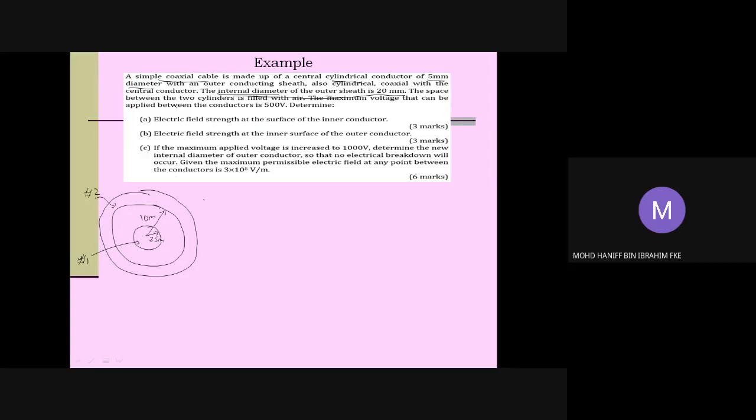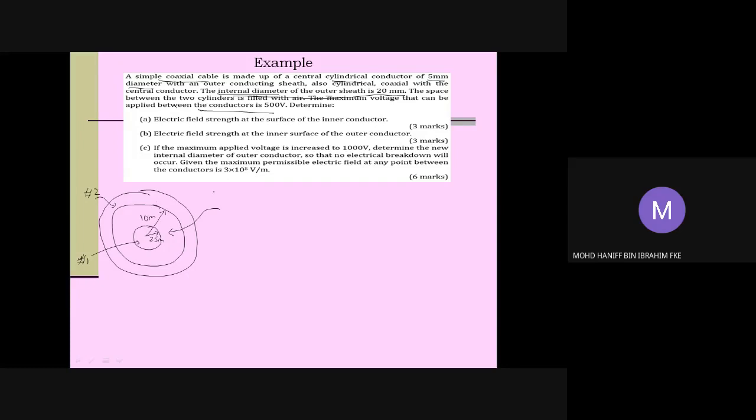Given that the maximum voltage that can be applied between the conductors is 500 volts, and the space between the two cylinders is filled with air, inside this region between 2.5 milli and 10 milli radius the region is filled with air.